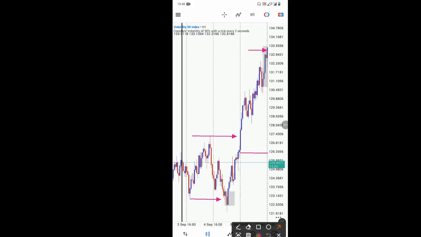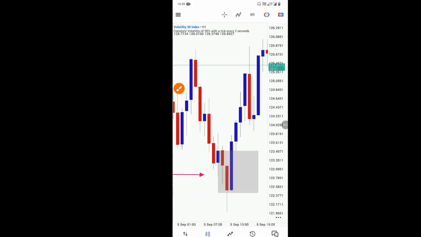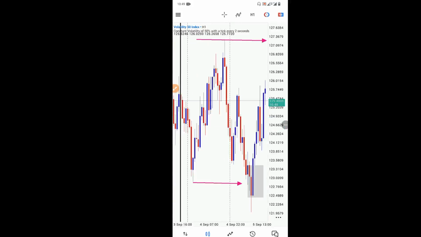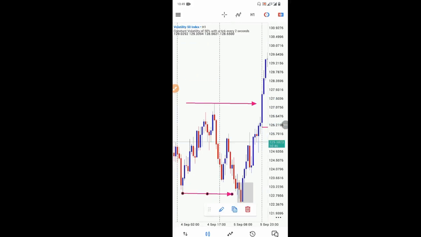Now the other thing we are waiting for is, having taken out the previous day's low, which is represented by this pink arrow here so that I won't be confused.